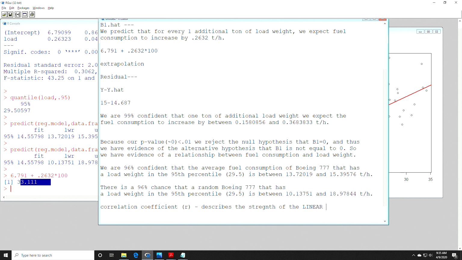Notice I am capitalizing linear. That is a very important term in this sentence. A linear relationship, linear just being a straight line. No strange pattern, just a straight line.